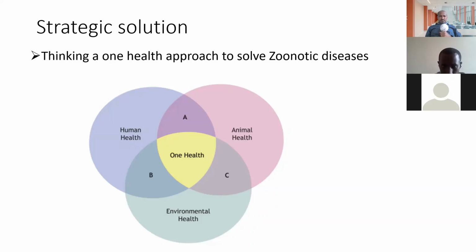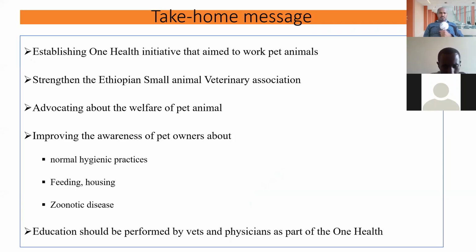With that approach, it would be nice to solve zoonotic diseases. Otherwise, we cannot reduce the prevalence or incidence of those zoonotic diseases without this approach. So we have to think in a One Health approach to reduce them.